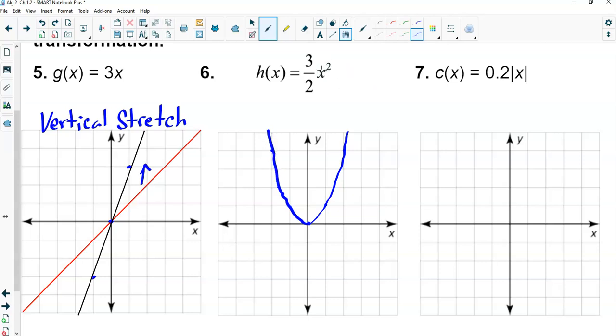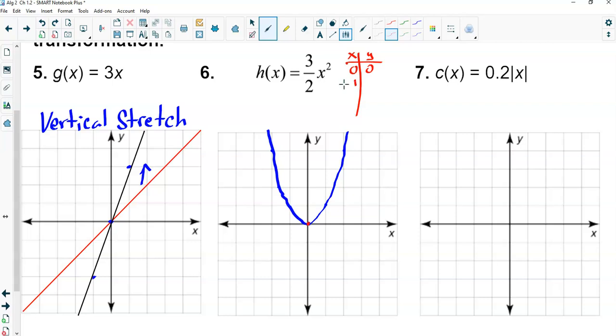And now, in case you're running away from this one, don't be afraid because it's a fraction. Because if you do a table of values where x and y, right? If x is 0, 0 squared is 0, any number multiplied by 0 is still 0. So I would have a point right there.